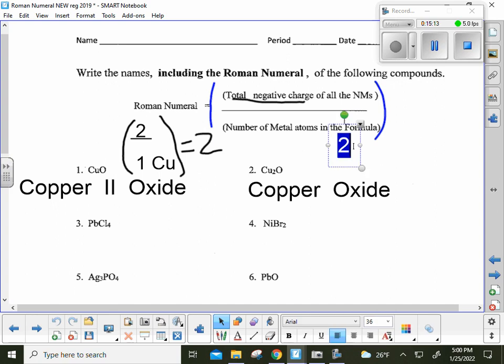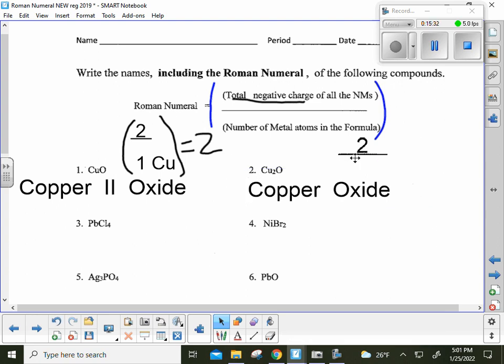We're going to put it over so many different coppers that we have. So I'm going to underline this to make it look like a fraction. We have 2 over, and this time we have 2 coppers. There's a little 2 right there, the subscript.